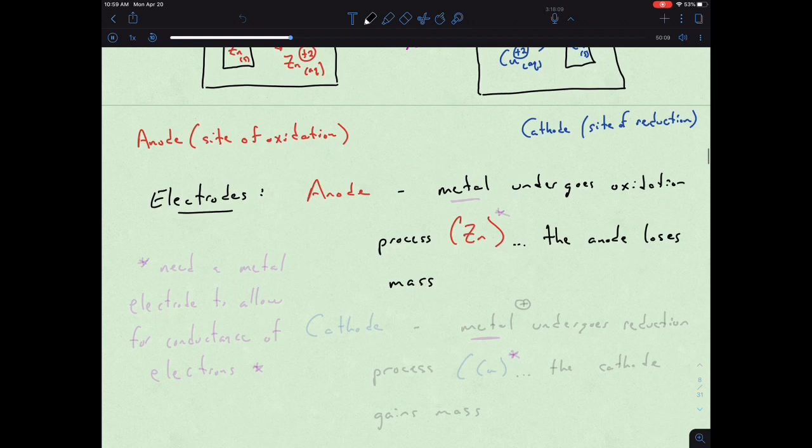And then we have the counter to that, which is then our cathode, which is the site of the reduction.